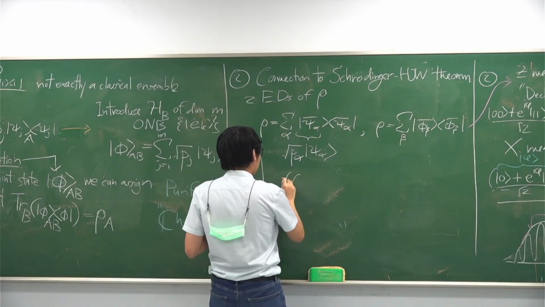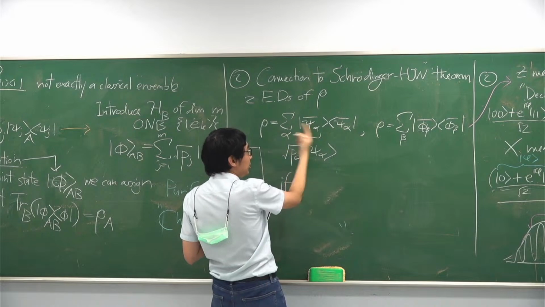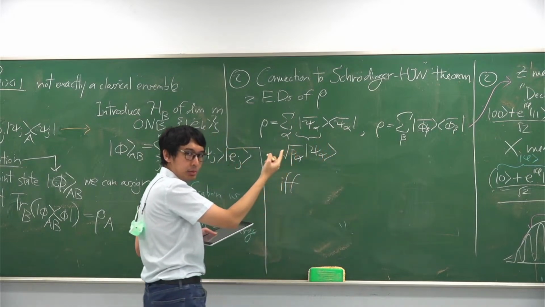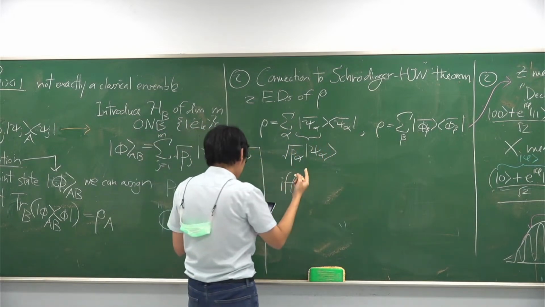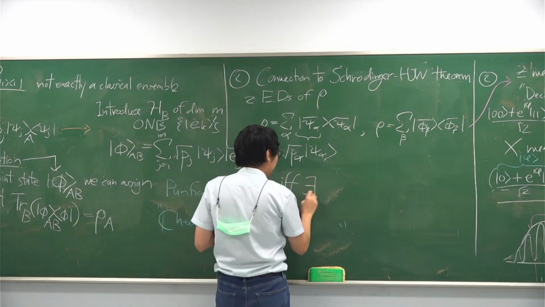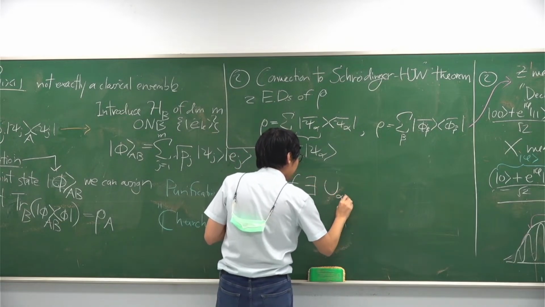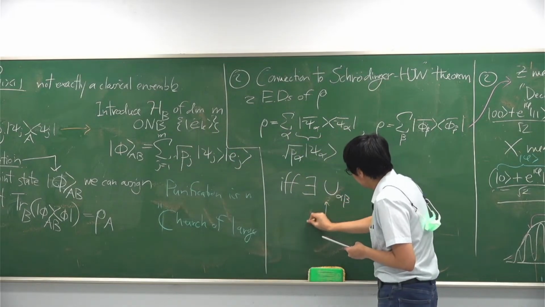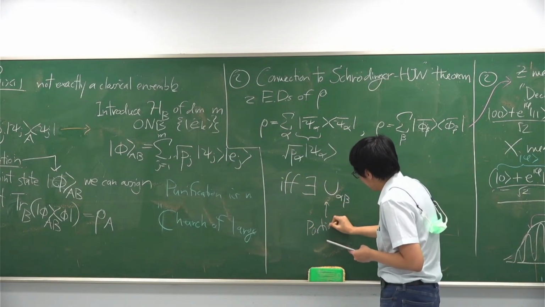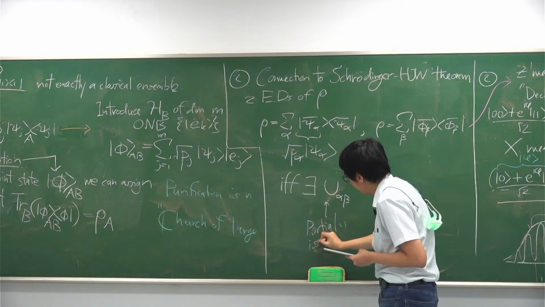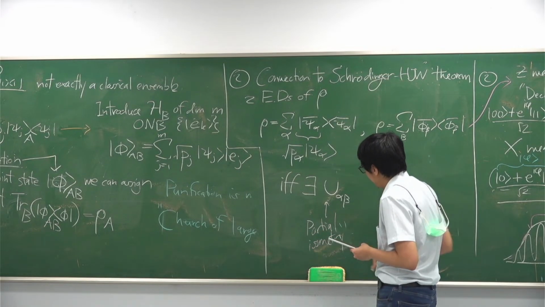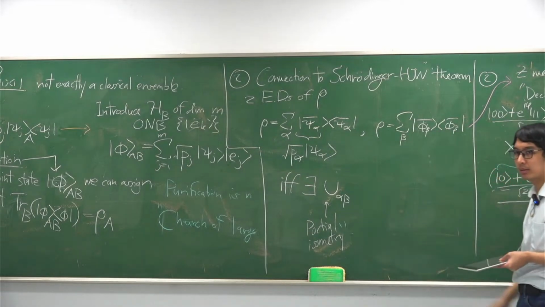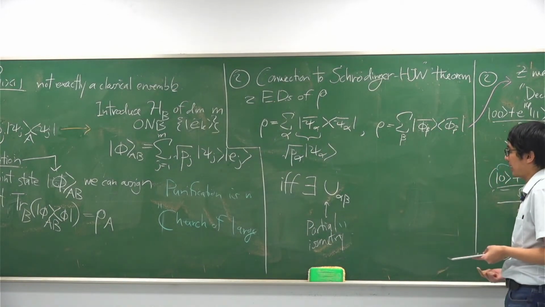So these two are the statements that these two are ensemble decompositions of the same rho if and only if there exists a unitary matrix. Now maybe last time I already said that this is a partial isometry just because they don't have to be square. So they can map, right?